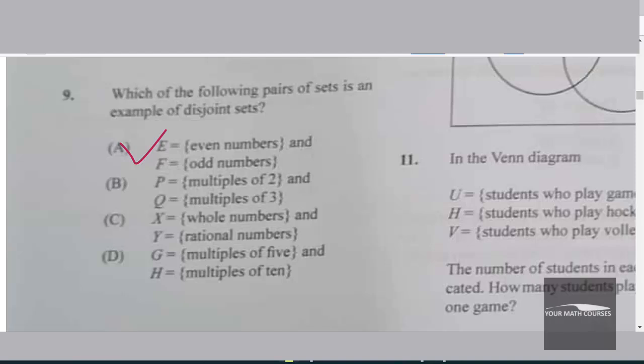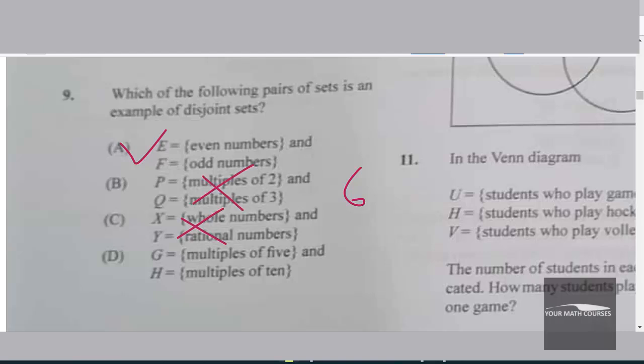If you pick option B, multiples of 2 and multiples of 3, we have 6, which is common to both, so it's not disjoint. Now if you pick C, whole numbers and rational numbers, every whole number is a rational number, so that one is not possible either.